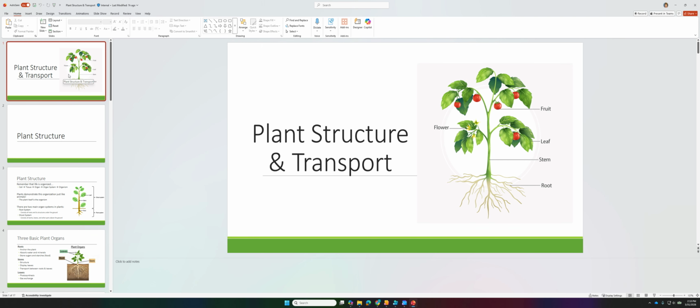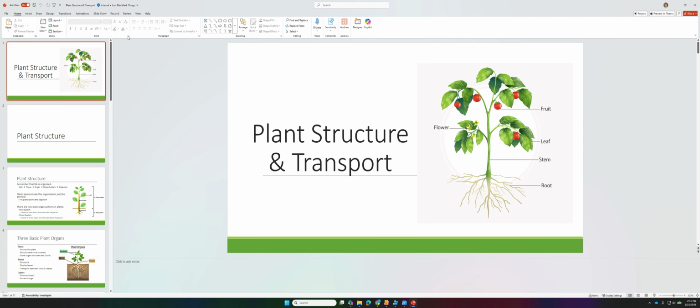Now, this particular lesson is going to focus on plant structures of those more advanced seed plants, because we're going to look at things like vascular tissue, and we're going to look at things like flowers. And so really, these structures would not be for things like the mosses. And even the ferns have their own unique structures.